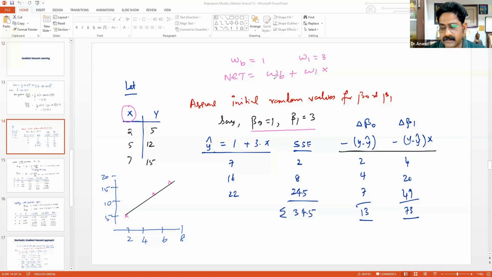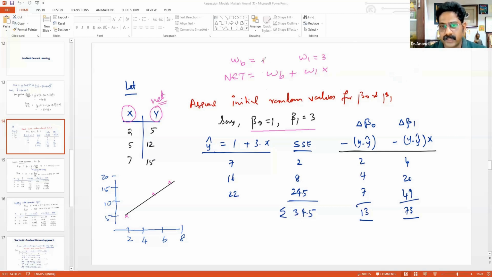If you design the neural network as a classifier, then for this net value we apply 1 divided by 1 plus e to the power minus net. For the time being, let us forget about this activation. So we have only net, and we are going to train the model towards the net value.